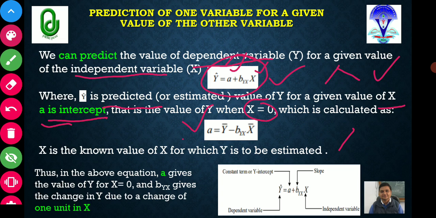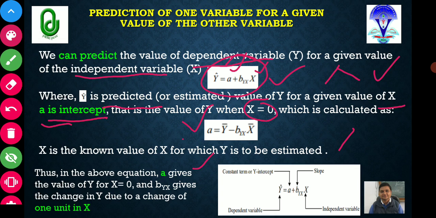Thus you can see in the above equation, a gives the value of y for x equal to 0. I have already discussed that when x is equal to 0, y is equal to a, that is the intercept.